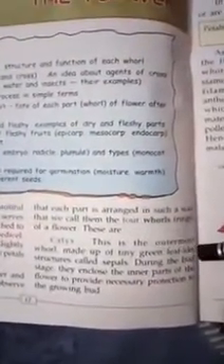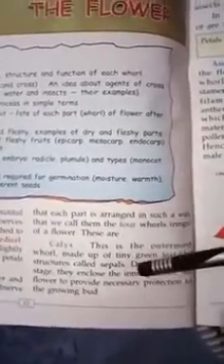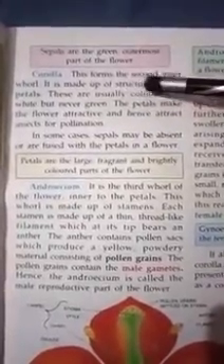Now talking about the main four whorls, that is calyx, corolla, androecium and gynoecium. Moving towards the calyx, this is the outermost whorl made up of tiny green leaf-like structures called sepals. As you can see over here, the sepals are present next to the pedicels. Next, moving towards the corolla, this forms the second inner whorl.